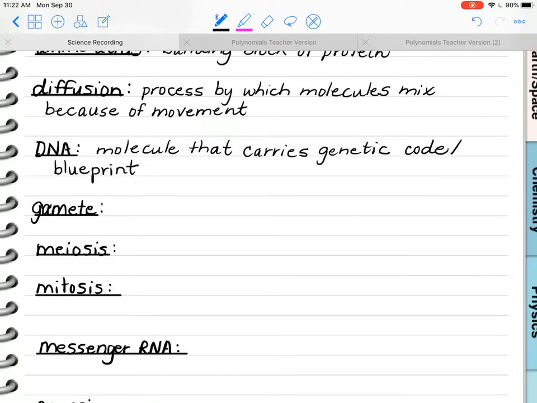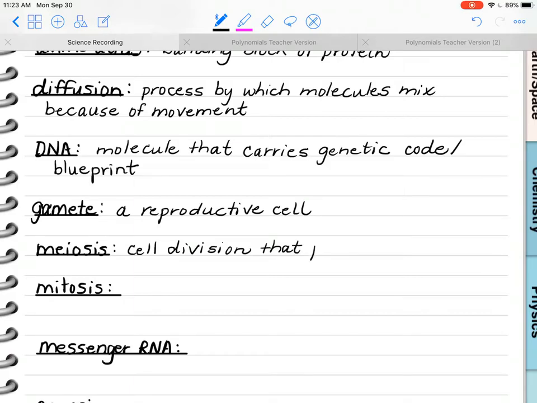A gamete is a reproductive cell. You have two parents. Each of them contribute a gamete to a fertilized egg. Meiosis is cell division that produces those gametes.